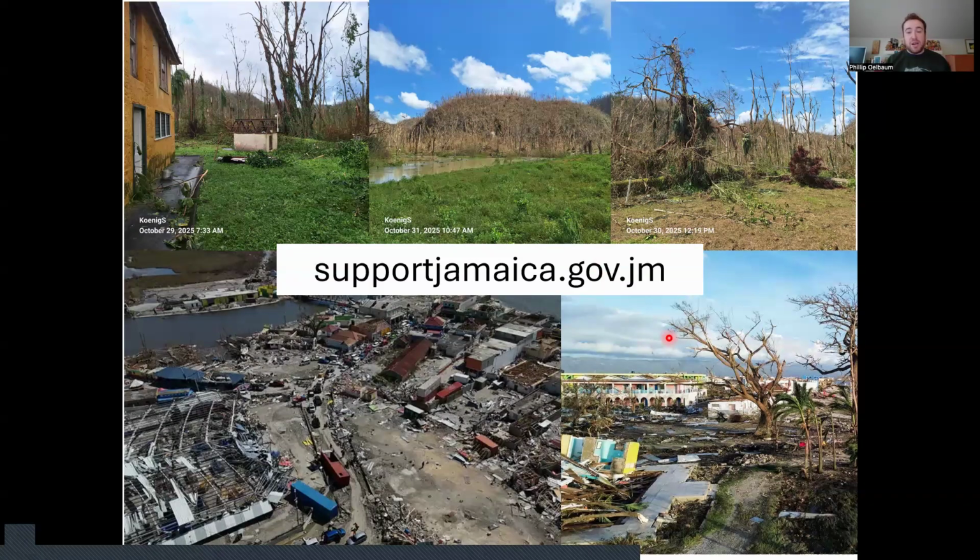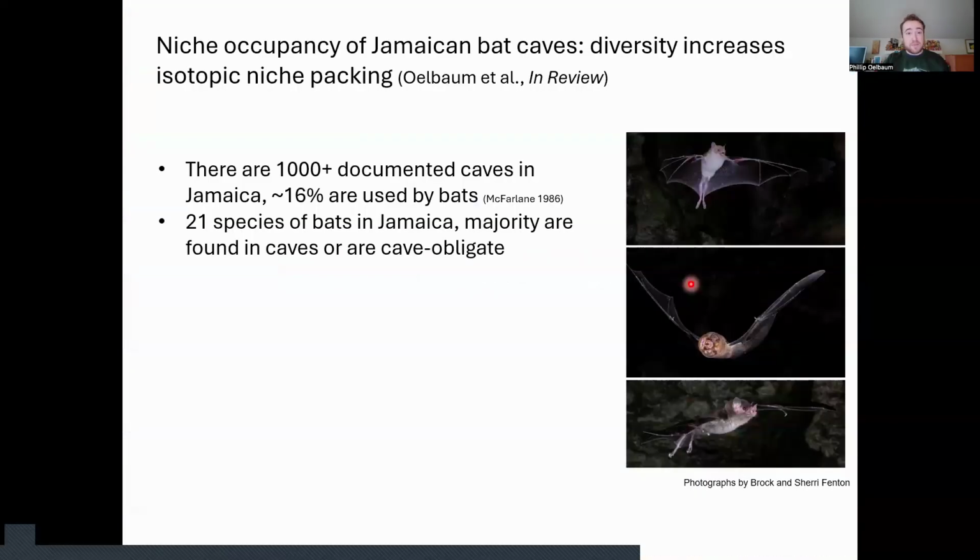I was supposed to be in Jamaica in 6 days, and that trip is not happening now as a result of the damage caused by the hurricane. It's mind-boggling to think about how much has been lost there, but we're hopeful to keep this research going and see what the effects of this have been on the bats.